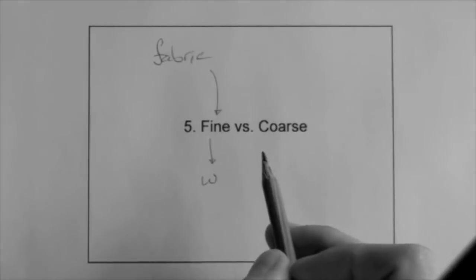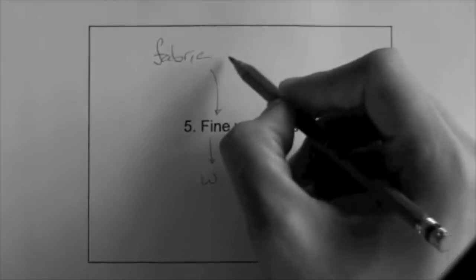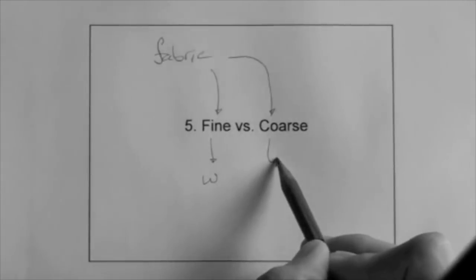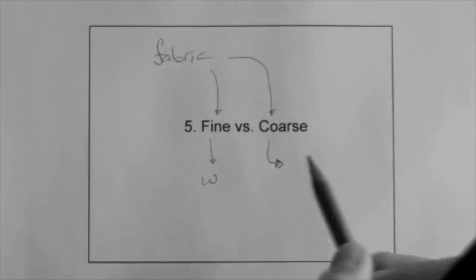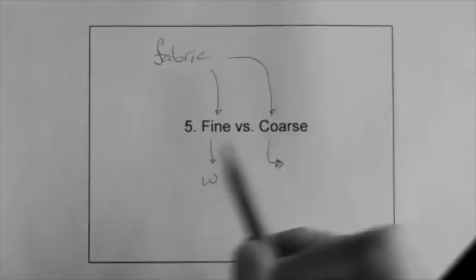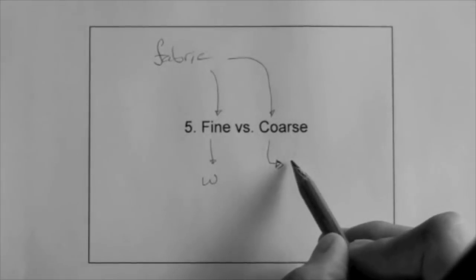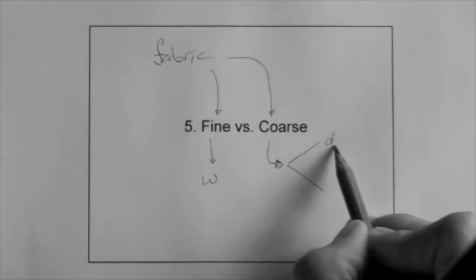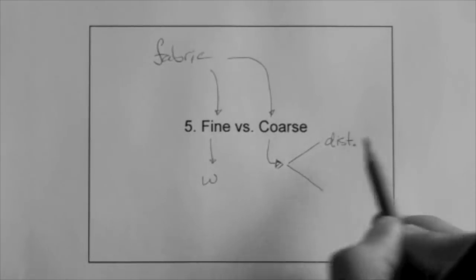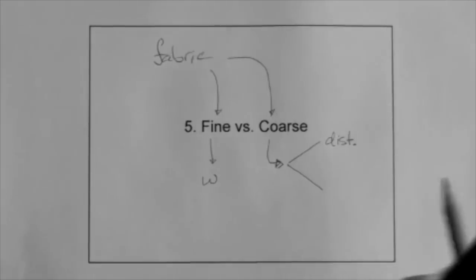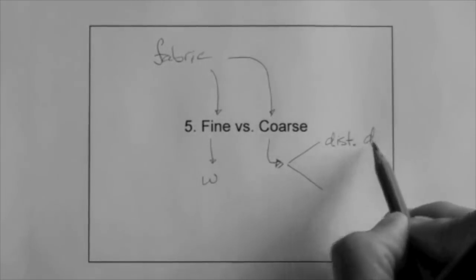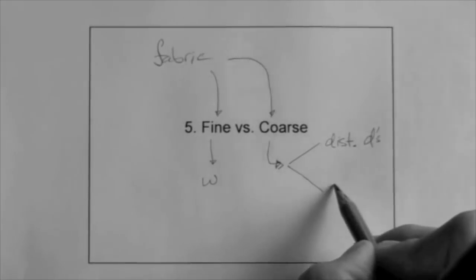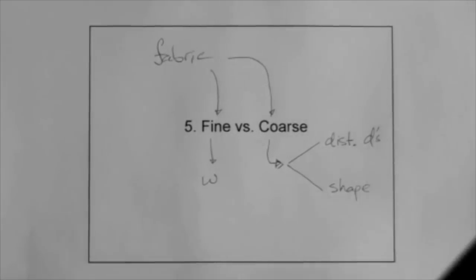Now, for coarse-grained soil, the fabric is controlled not by water content, but essentially by two things: one is the distribution of sizes, which we're going to talk about in this lecture, meaning the diameters of grains, and also the shape of the grains.